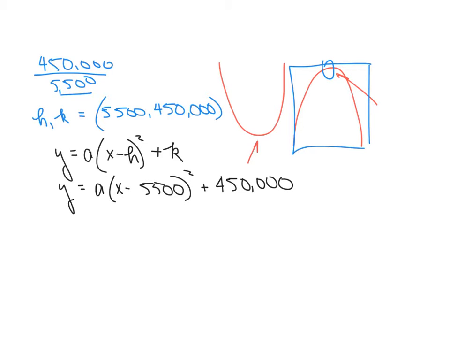If they make one waist trimmer or a million waist trimmers, they're going to have to pay $155,000 just to get started. If the profit can be modeled by a quadratic function of x, the number of waist trimmers produced and sold each month, find this quadratic function. So that's what we're trying to do here, find the quadratic function.